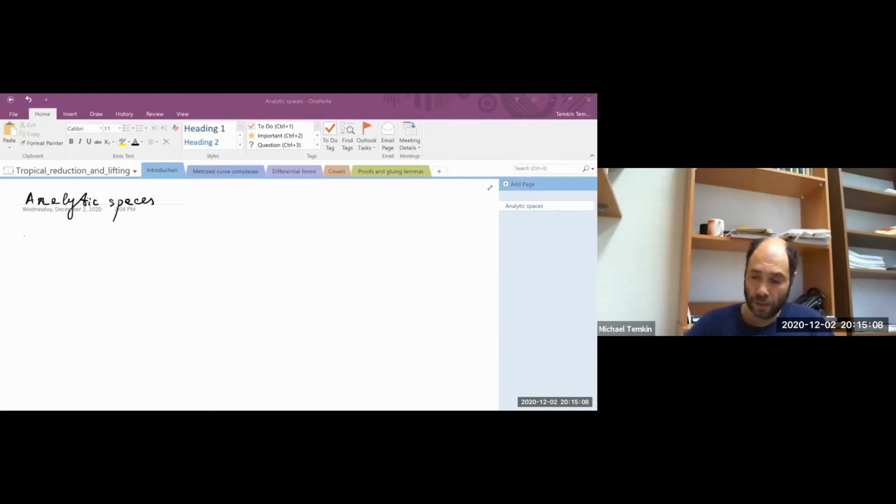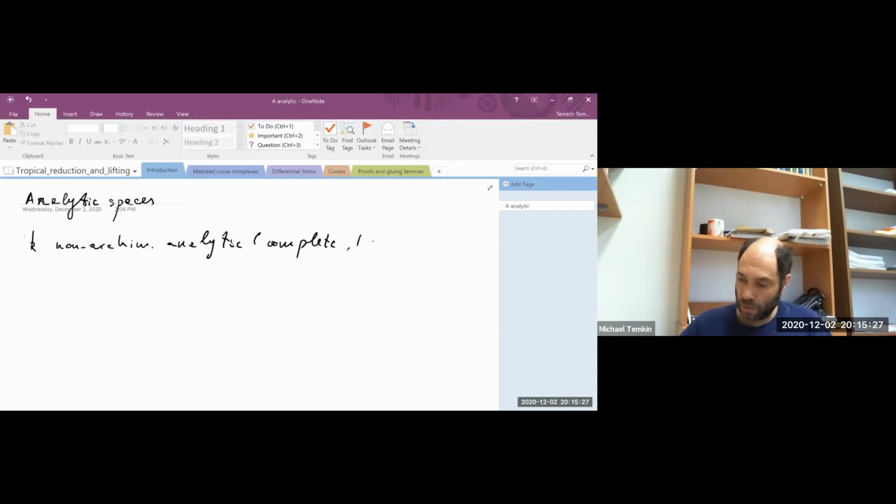I'll use the also fixed notation. So in this talk, K is a non-Archimedean analytic field, that is complete and real valued, provided with absolute value from K to non-negative numbers.